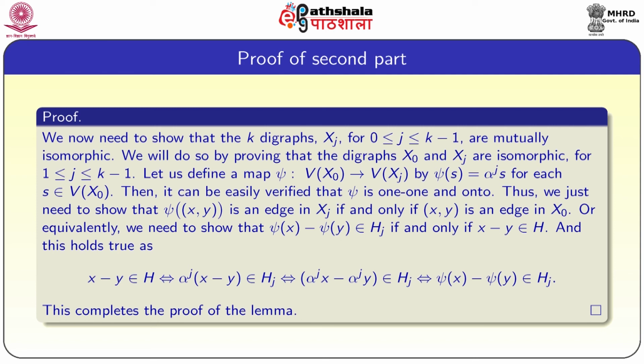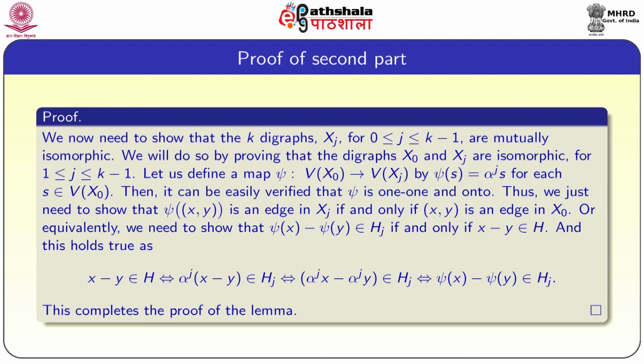Thus, we just need to show that (psi(x), psi(y)) is an edge of Xj if and only if (x, y) is an edge of X0, or equivalently we need to show that psi(x) minus psi(y) belongs to Hj if and only if x minus y belongs to H. This holds true as x minus y belongs to H if and only if alpha^j times (x minus y) belongs to Hj, that is, if and only if alpha^j x minus alpha^j y belongs to Hj. This is the same as psi(x) minus psi(y) belonging to Hj.